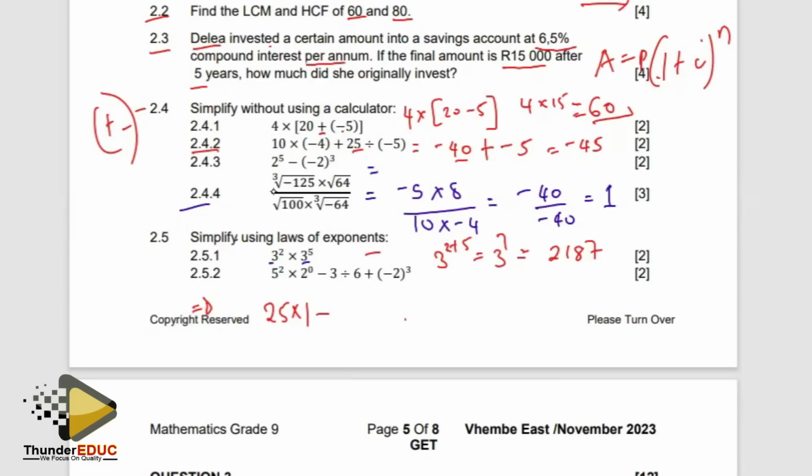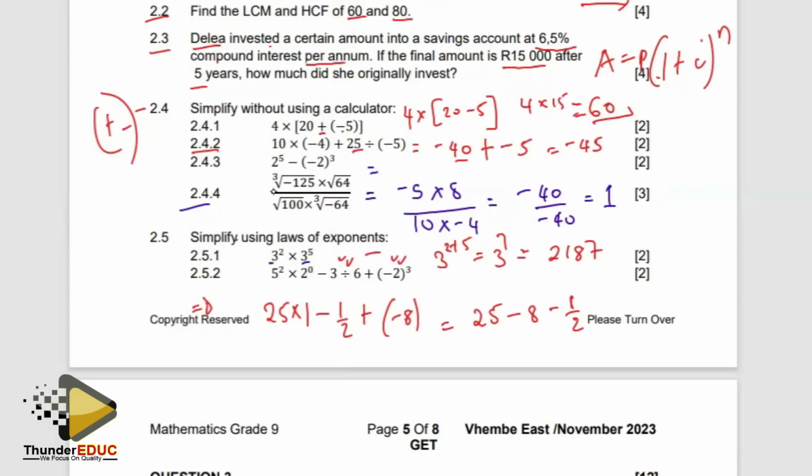minus, when I divide 3 by 6, that's going to give me something like a half or 0.5. And then I'm adding, this one is going to give me negative 8. Then we have 25 times 1, that's going to give me 25. I have to subtract 8, and then I have to subtract a half. Okay, order of operations, divisions, brackets, they will take first priority.